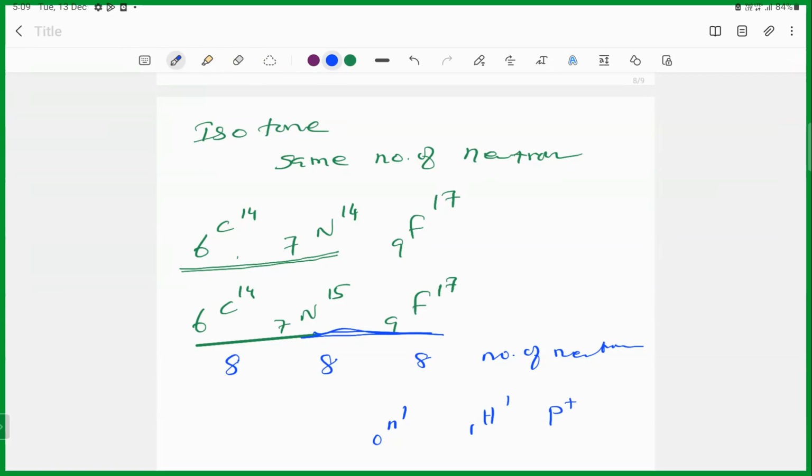Cathode rays are negatively charged, right? Yes, sir. So it will deflect in that way, in the direction opposite to the cathode rays.